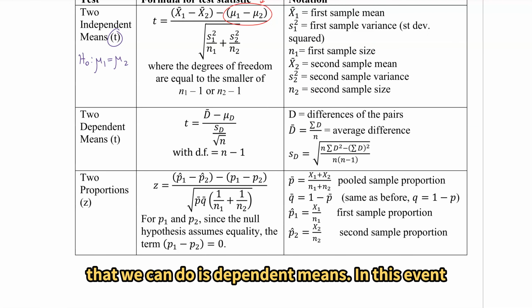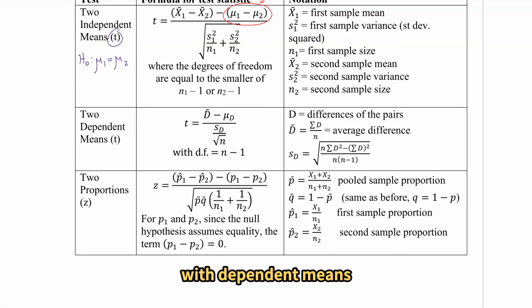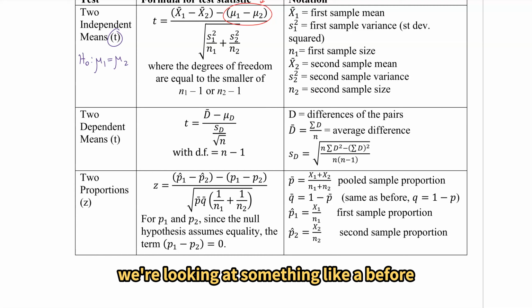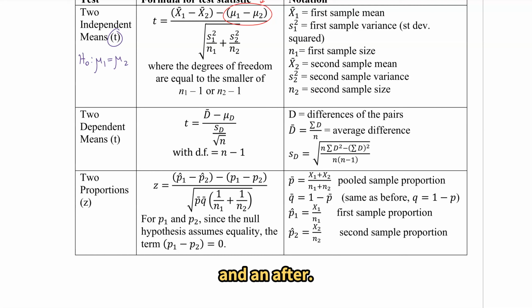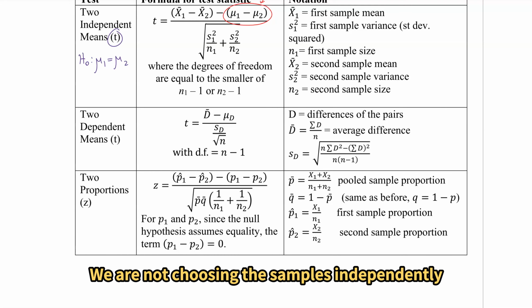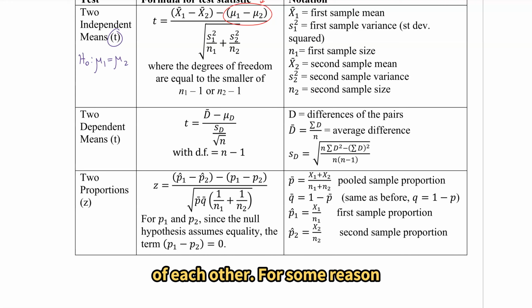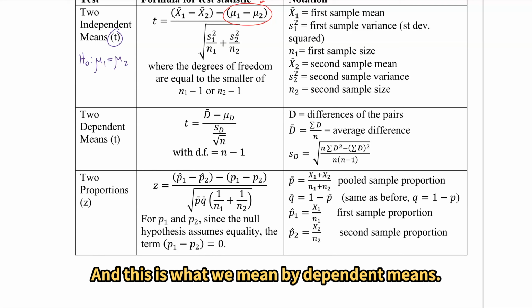Another hypothesis test that we can do is dependent means. In this event, with dependent means, we're looking at something like a before and an after. We are not choosing the samples independently of each other. For some reason, the two populations are connected. And this is what we mean by dependent means.